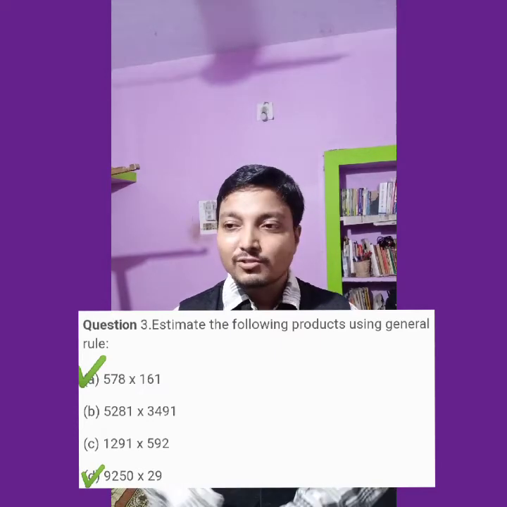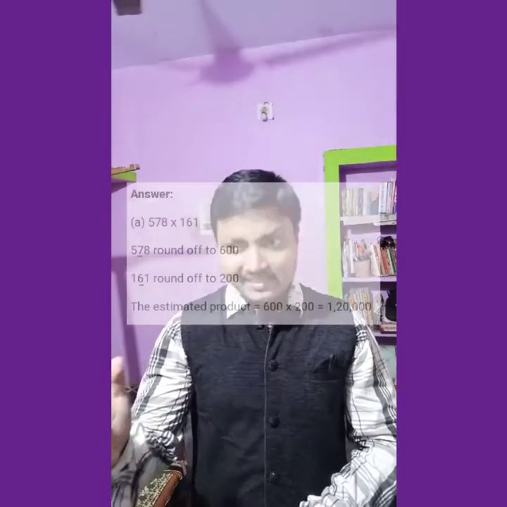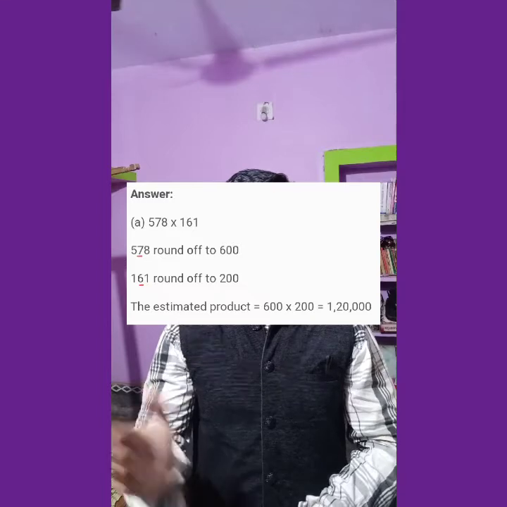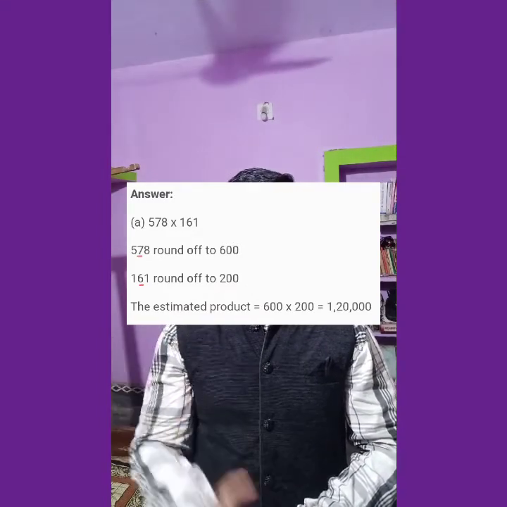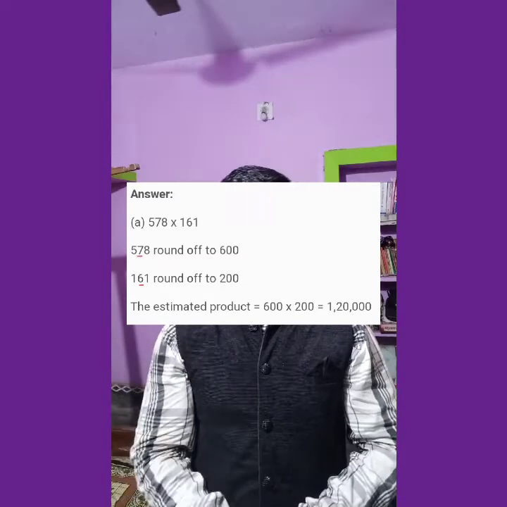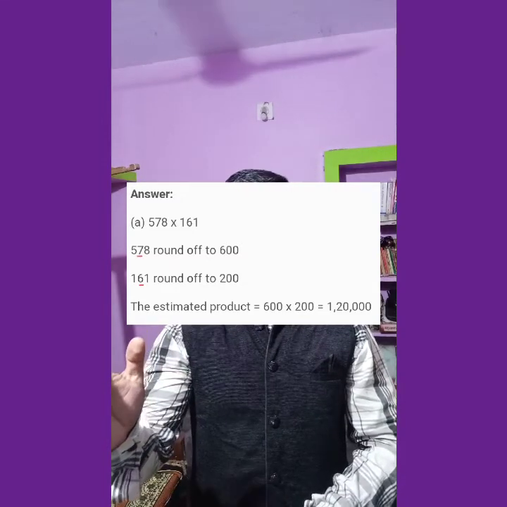Okay, so in the first question you just have to estimate the product of 578 into 161. As both numbers are 3-digit numbers, their highest place is 100. So 578 is rounded to the nearest 100. Nearest 100 means we need to check the tens digit, and in 578 the tens digit is 7.